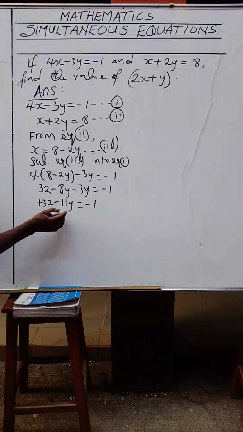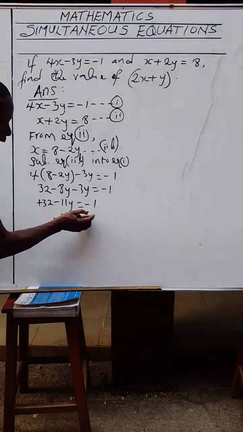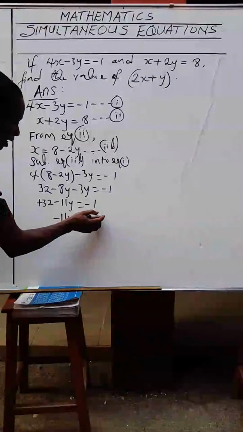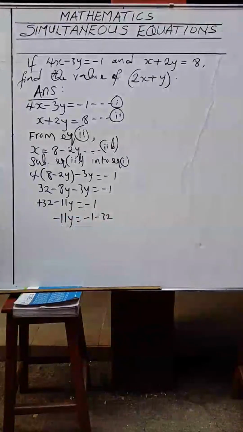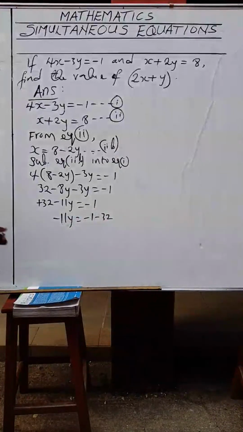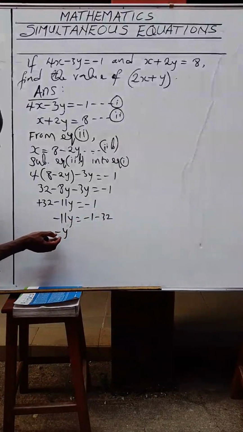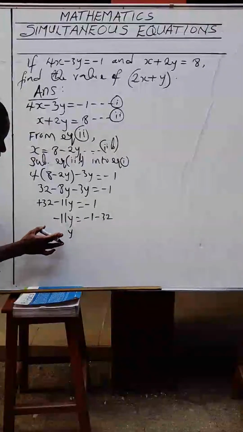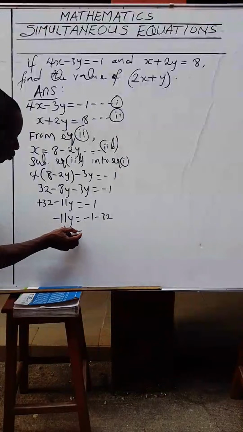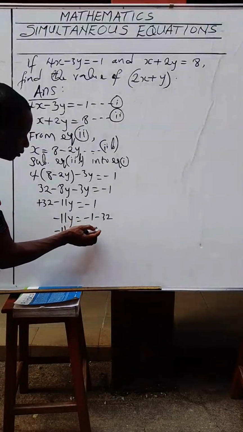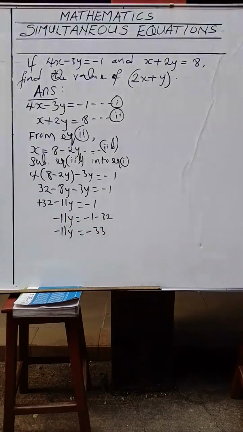So we are left with minus 11y equals minus 1 minus 32. So this gives us minus 11y equals minus 33.